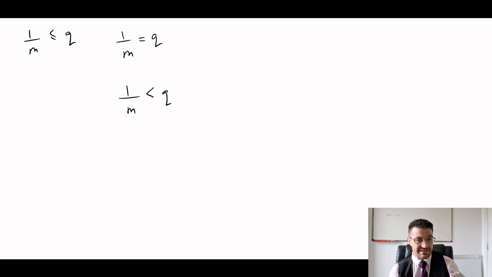If 1 over M is equal to Q, then A over B minus 1 over M is going to be equal to 0, which is 0 over D. Remember, A over B minus 1 over M is equal to C over D. So C is equal to 0, which is clearly less than A, and hence A is greater than C.